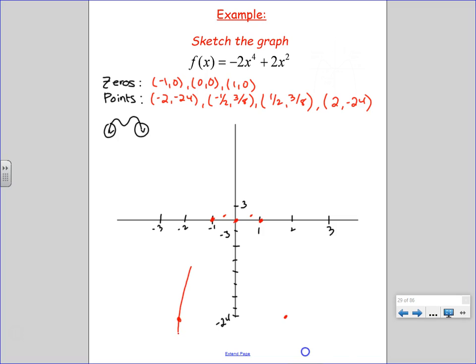We have roughly this. I want you guys to get your graphing calculators out if you have them close. I want you to graph them. See how close it is. Remember, smooth turns. Don't make that sharp, make it smooth. You have to round it. Let's see how we did.